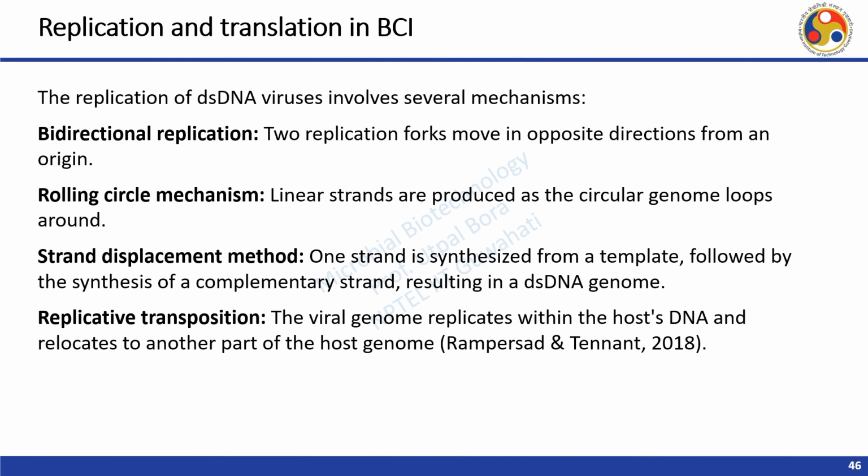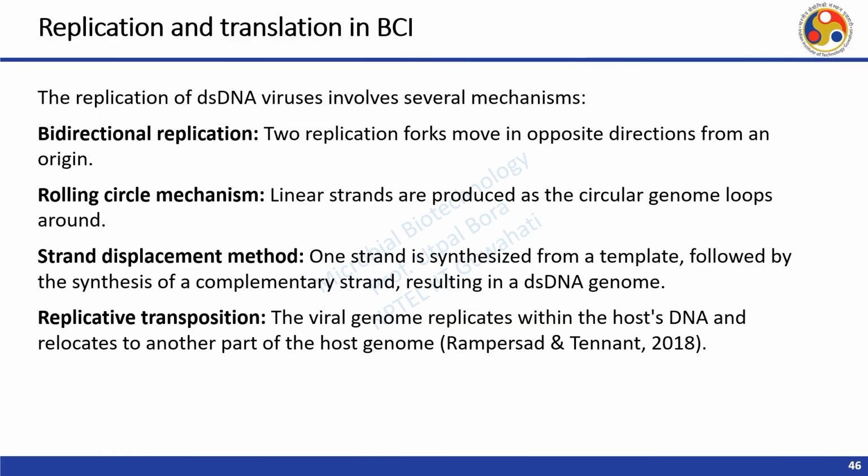The first one is the bidirectional replication, where two replication forks move in opposite direction from an origin, but this model has now been revised, where in fact the movement is in the same direction due to the involvement of one single polymerase, and there is a looping which occurs to accommodate the steric hindrances resulting out of these kind of complex structures. We will not discuss that at length. Those who are interested can refer to the revised replication fork model.